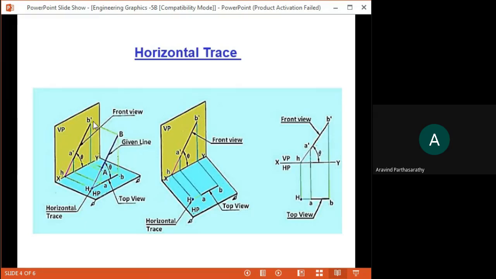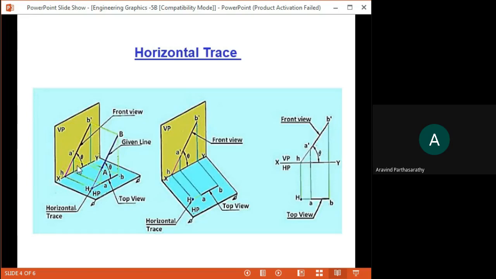This is also a first quadrant problem, and from the observer's point of view, A dash B dash is the front view of this given line AB. You can also mark this angle theta here, the angle between this AB line and the HP plane.